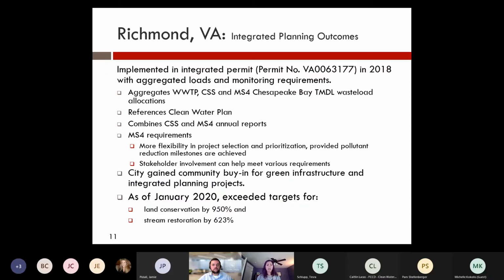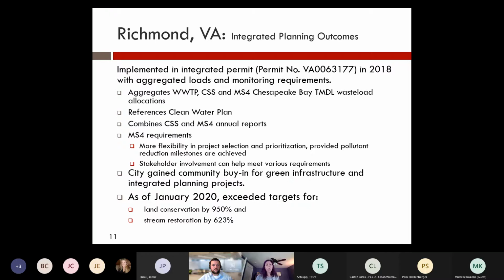And the annual reports are also combined, so that helps with more cost effectively looking at those annual reports. It reduces the reporting redundancy, and it enhances the communication between the combined sewer system and the MS4 facilities.